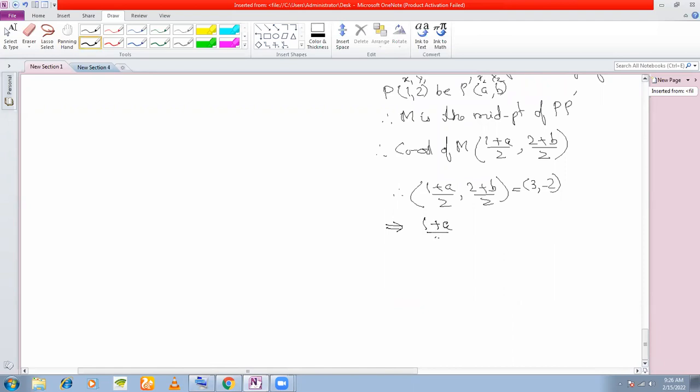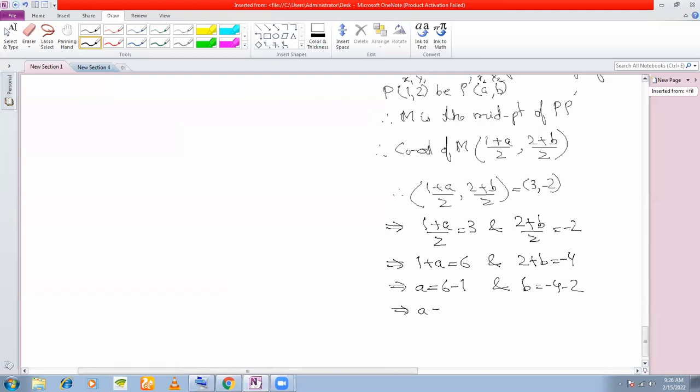So 1 plus a by 2 must be equal to 3 and 2 plus b by 2 must be equal to minus 2. That means you get 1 plus a is equal to 6 and 2 plus b is equal to minus 4. You get a is equal to 6 minus 1 and b is equal to minus 4 minus 2.